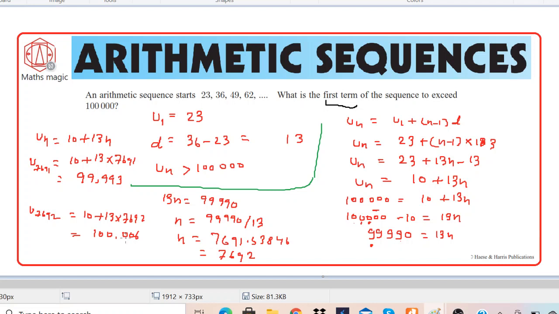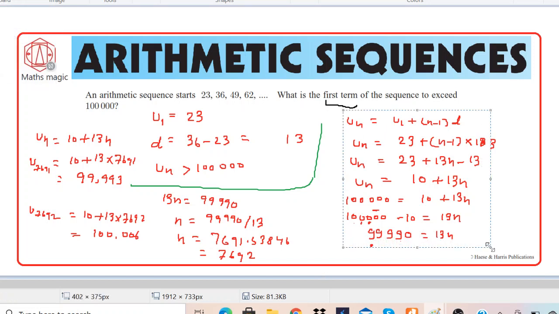Our answer: because the question is asking what is the first term of the sequence to exceed 100,000, our first term which exceeds 100,000 is 100,006. I'll clear the space on the right side and write the final answer.